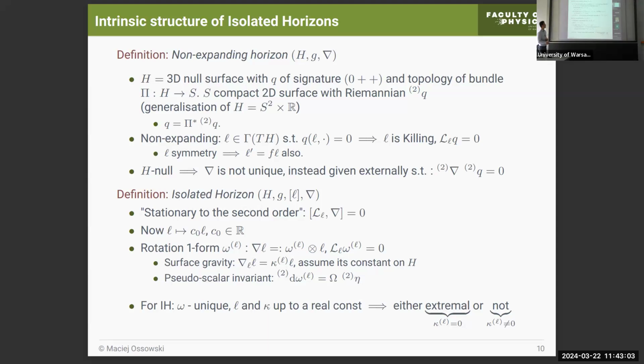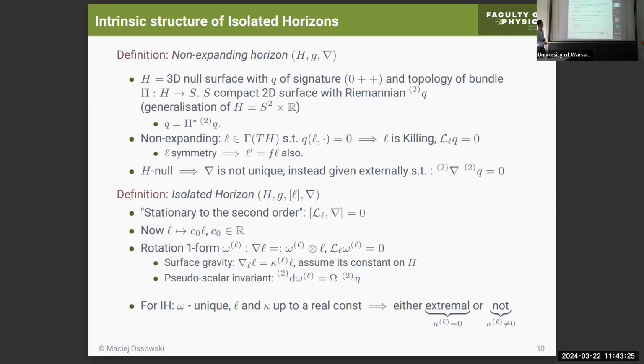And of course, because H is null, there is no unique way to find the connection, and it has to be given externally as a part of the definition. We just require that it agrees with the metric connection on the Riemannian part.